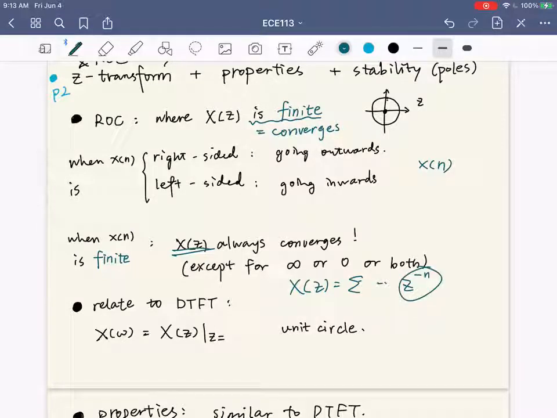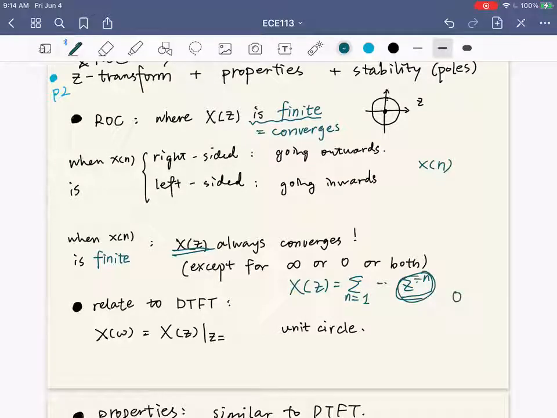What does going outwards and going inwards mean for the ROC? That is the other situation. After we finish this, we'll go to that pretty quickly. Okay. So z to the minus n will generate a pole at 0 or infinity. When n is a positive number, for example 1, it will generate a pole at 0.